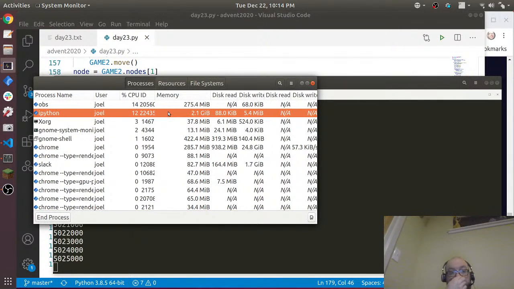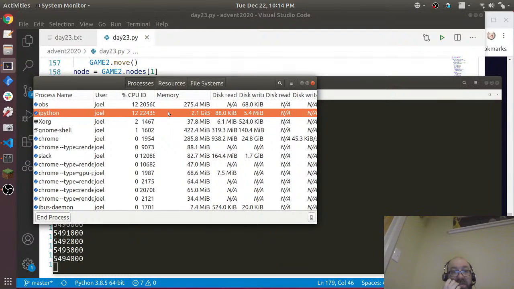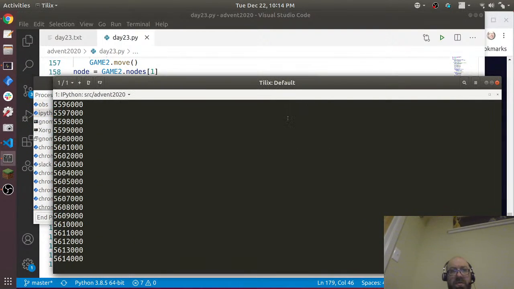2 gigabytes, really? Is that because it's not deleting the ones it wipes out? It should, because they point to each other.